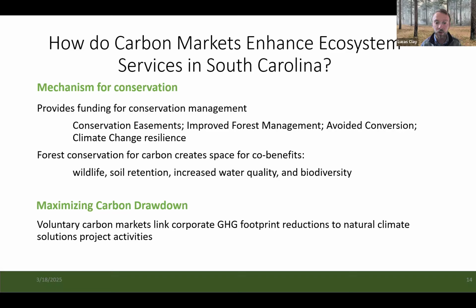And forest conservation for carbon credits also creates, like I mentioned before, these co-benefits: wildlife, soil retention, increased water quality, and biodiversity. So more of a focus on these co-benefits and not as much on timber potentially. They also help maximize carbon drawdown. So voluntary markets are being linked to these landowners, being able to implement and channel capital into local landowners that are contributing to natural climate solutions.